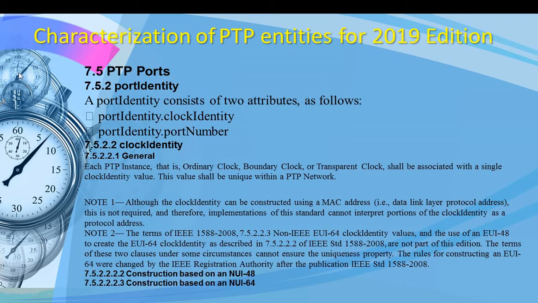In the 2019 version, chapter 7.5 covers the PTP port. The PTP port identity includes two parts: clock identity and port number.